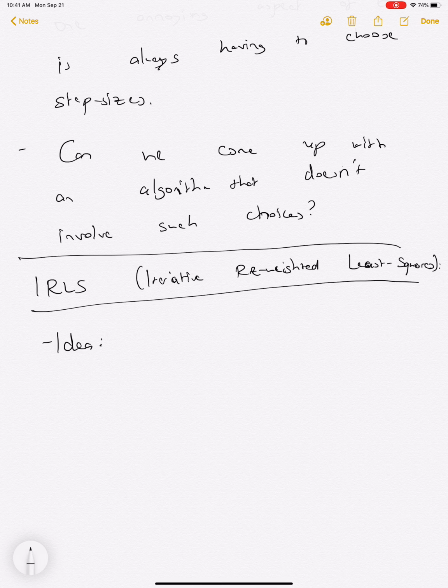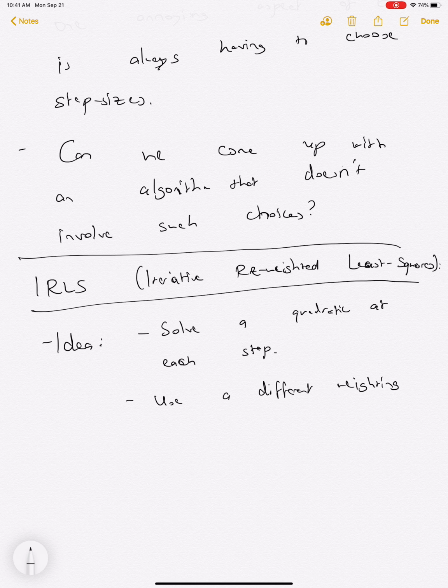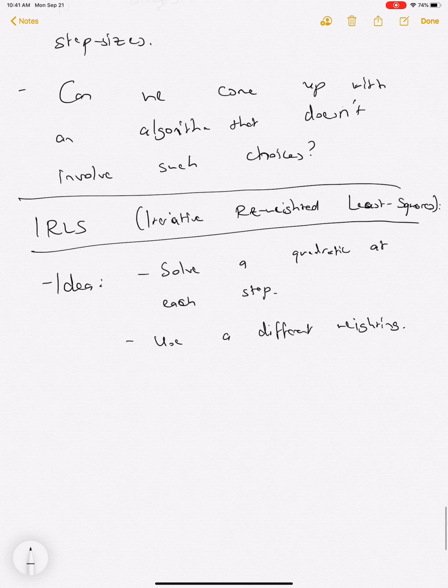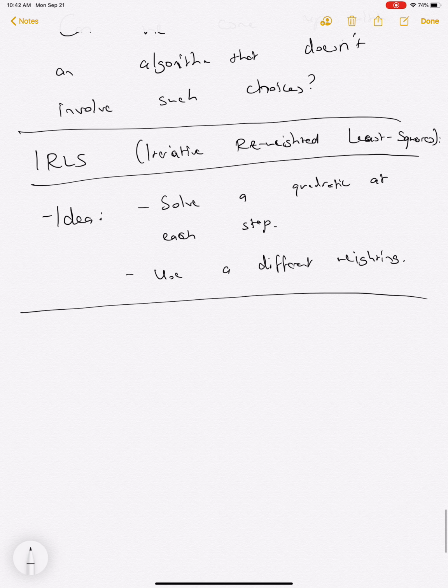So the idea is to solve a quadratic at each step, but we're going to use a different weighting. And so the IRLS update is as follows.